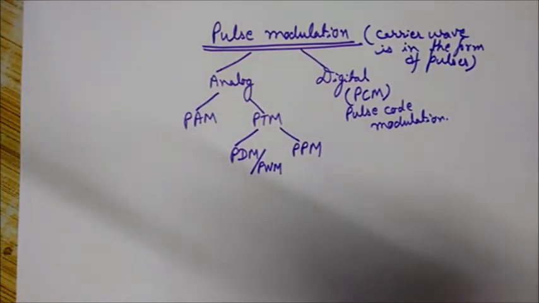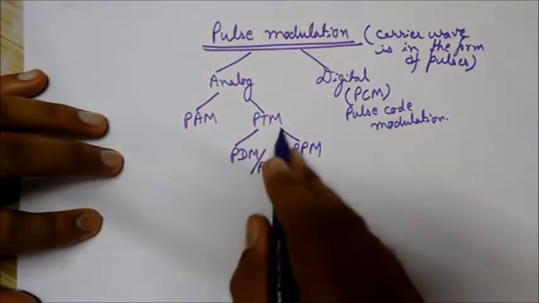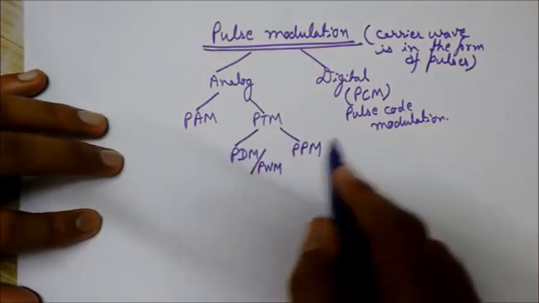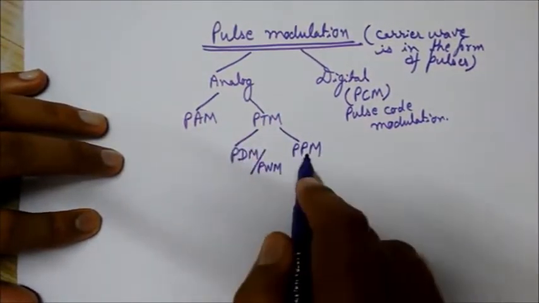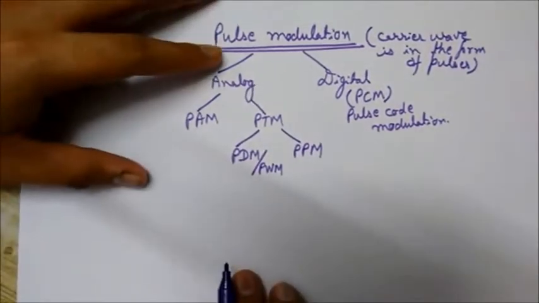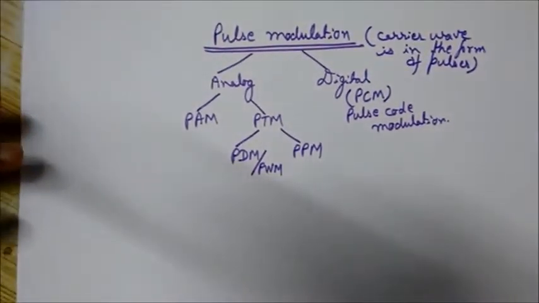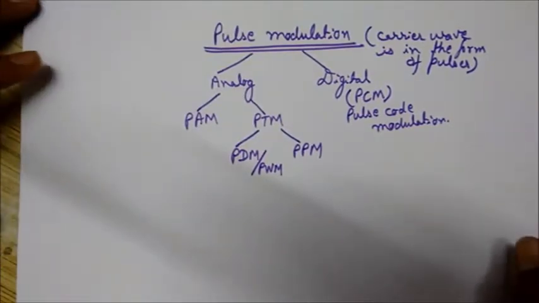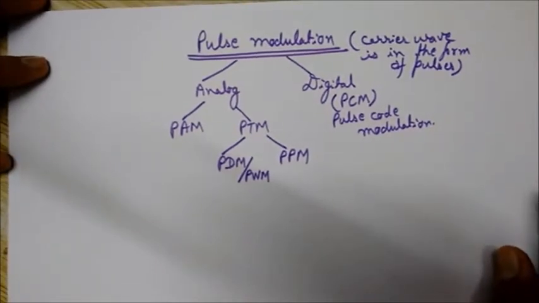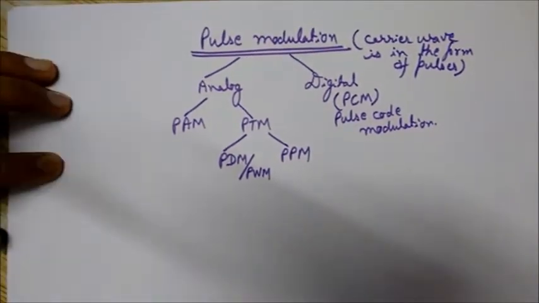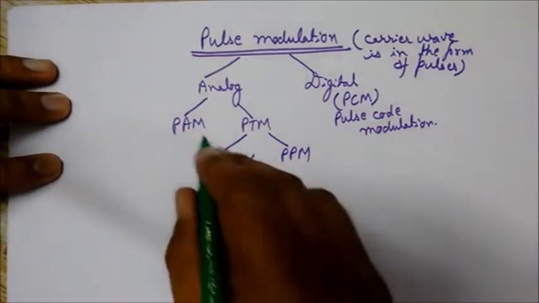So first we will just define all the three types of modulations, PAM, PDM and PPM. Let's define them one by one. After that we will see the waveforms and understand what is the exact difference and how things work.